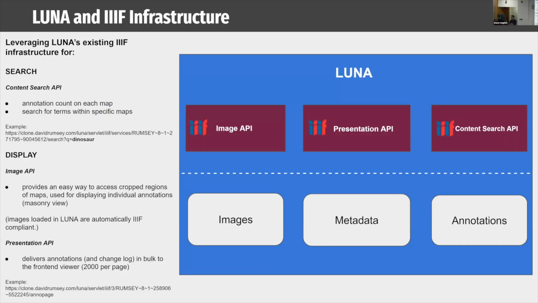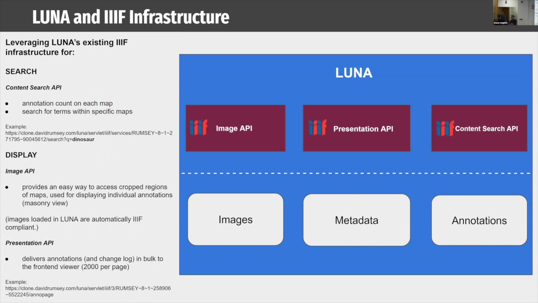In this project, we were able to leverage Luna's existing IIIF infrastructure for both search and display. The Content Search API is being used for getting an annotation count on each map, and it can also be used for searching for terms within a specific map.